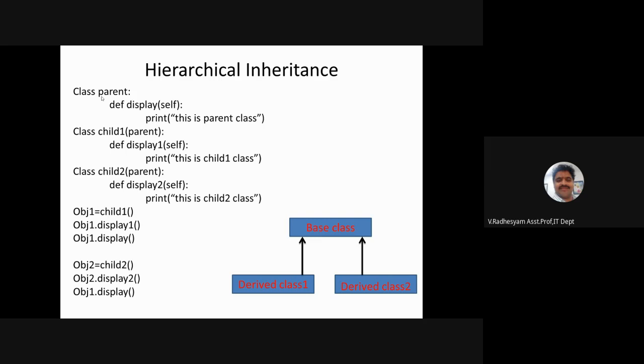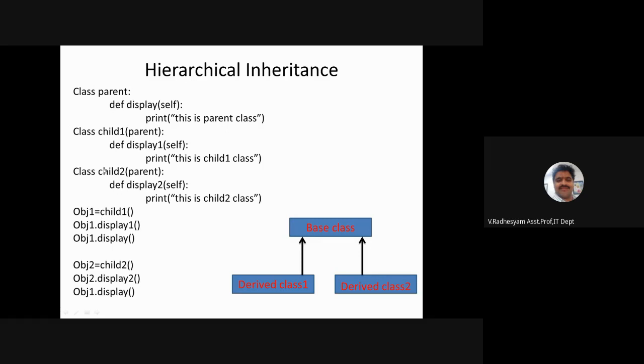So in this case, we can create an object for the child1 class. So we can access the function called display1. At the same time, with object obj1 for child1, obj1 dot display1, obj1 dot display also. If you create an object for the child1 class, it can be used for the parent also.